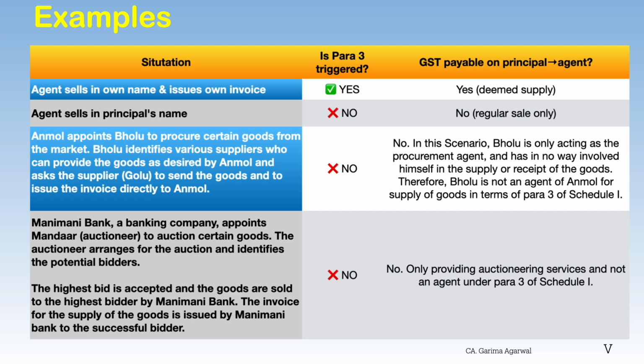Is para 3 triggered here? Again, no. Why? Only providing auctioneering services here, the Mandar, that is the auctioneer, is therefore not an agent under para 3 of Schedule 1 because the invoice for the supply is directly issued by the Money Bank to the customer, that is the successful bidder. The auctioneer is not coming in the invoicing chain. That's why it's just a facilitator.